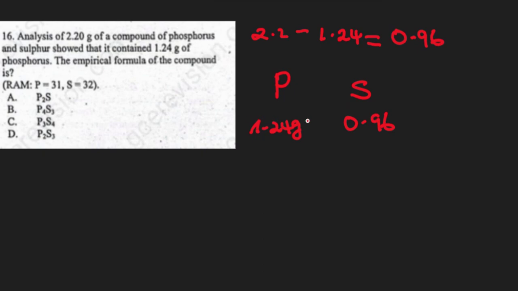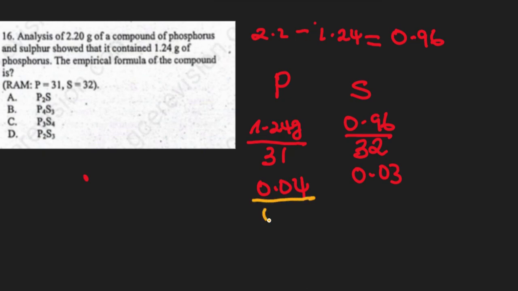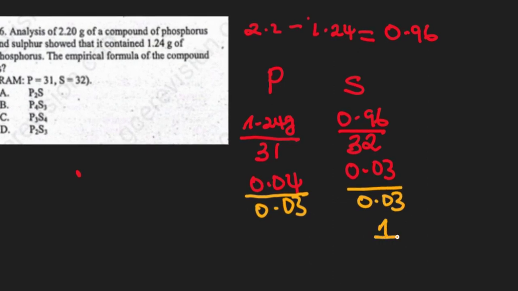Now to calculate the empirical formula, we will divide all through by their relative atomic masses. That of phosphorus is 31, and here we have 32. And dividing this, you have 0.03, and dividing this, we have 0.04. Now what we do next is divide by the smallest mole ratio, which is 0.03, so that we have 1 here and 1.33.